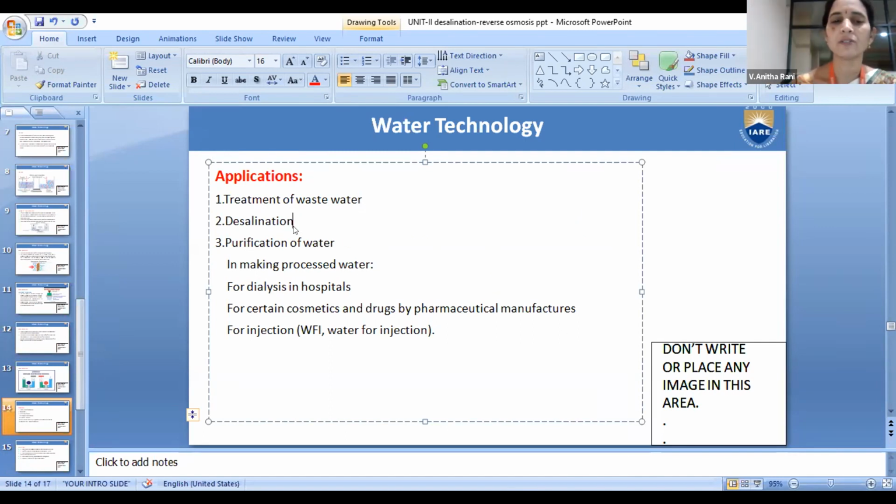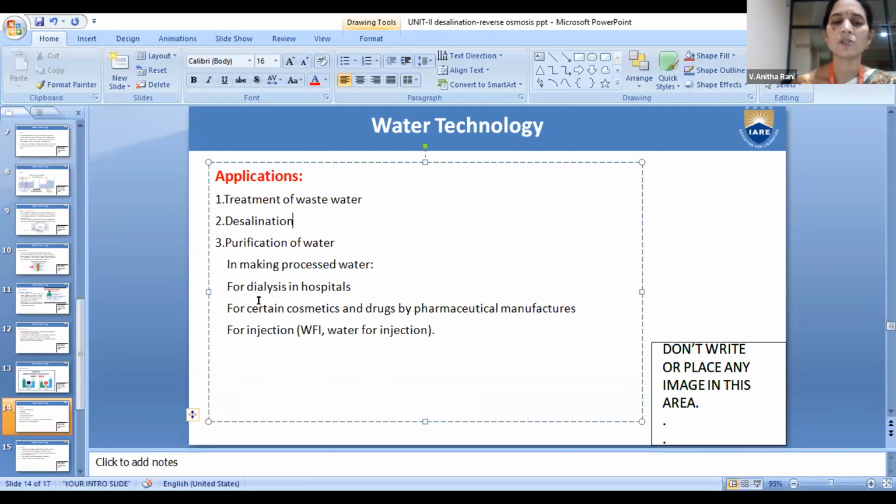We are taking the desalination process, removing salinity. Salinity is nothing but sodium chloride in water. In which water will there be a higher percentage of sodium chloride? Salt water, seawater. So we go for the desalination process, and we can purify the water.